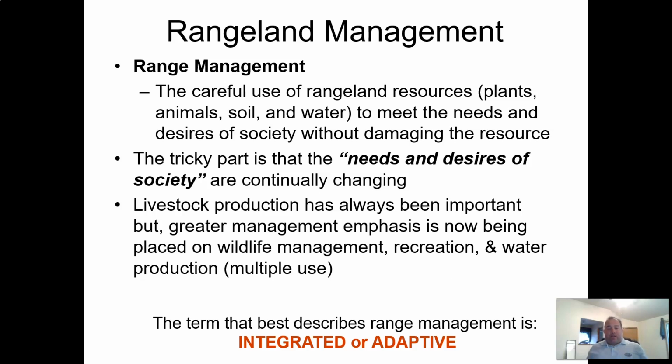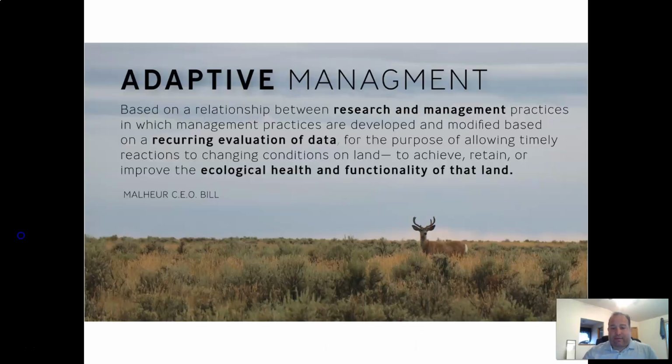So livestock production has always been important, but there's a much greater emphasis now on wildlife management, recreation, water, just the idea of multiple use, the idea of not just using these areas for livestock production has become much greater. So the term that's going to best describe that is integrated or adaptive.